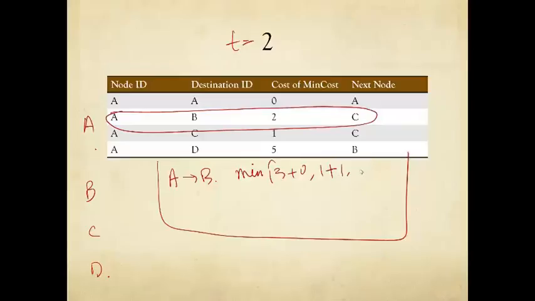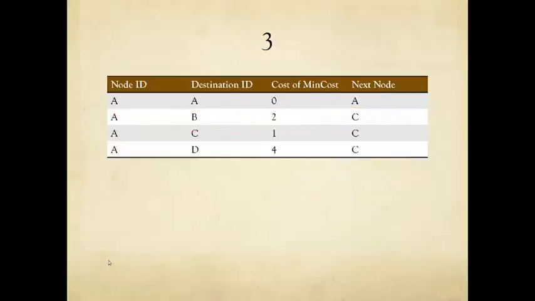Okay, and then it will be 5 plus 2. Why? Because from the last round of message, I know node D can also get to destination B with a cost of 2. So now I can update these, and the answer is the min between 3, 2, and 7, that is 2. Also, next hop is now C. So instead of 3 and B, those are outdated, replaced by 2 and C in this entry of the routing table. So you can work out the rest of the other 2 entries as well as the rest of the 3 nodes, or in the textbook.